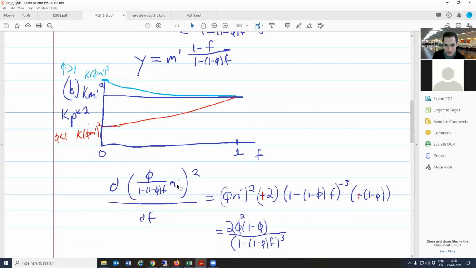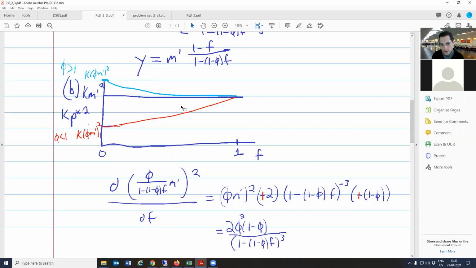So we're going to get phi times M prime. So up here you get K times phi times M prime. Phi is less than 1, so it means we're somewhere below K M prime squared. Okay, so we know that when we're at 0, we're down here somewhere. If phi was greater than 1, excuse me, then we're going to be up here because K times phi times M prime squared is going to be greater than K M prime squared.